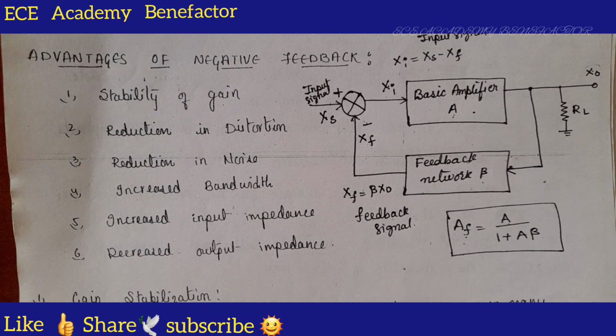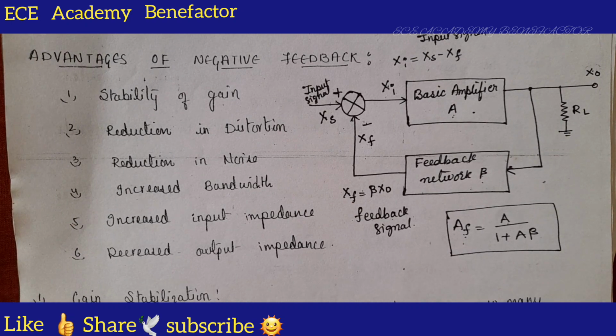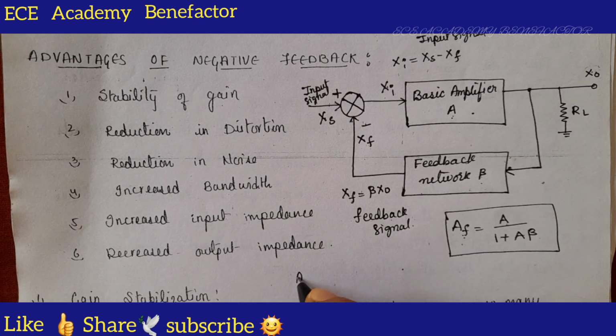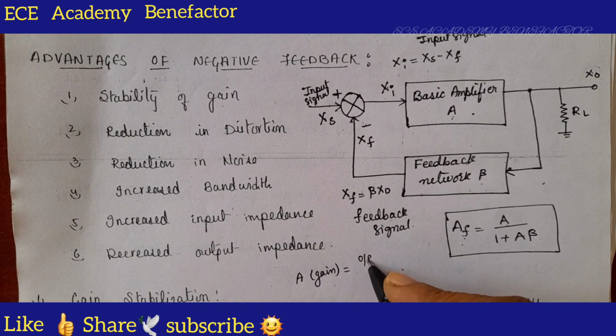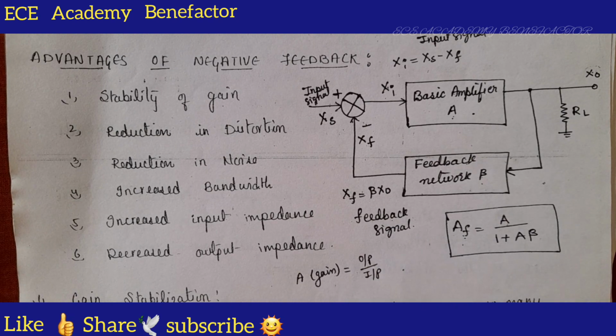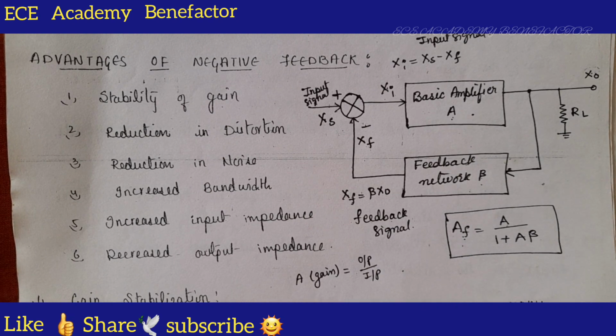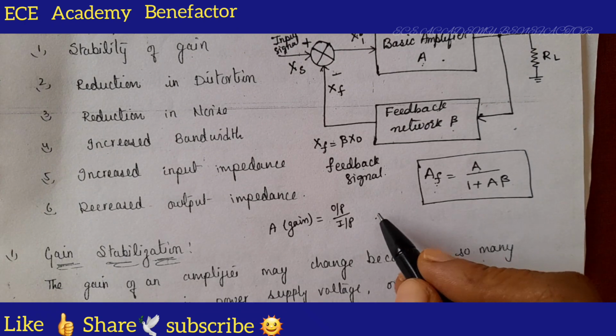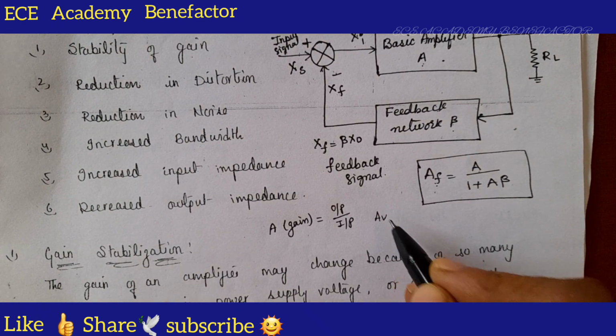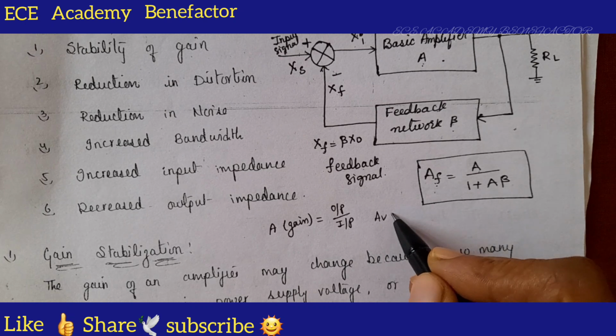What is gain? Gain is output by input. Gain is denoted by A. Okay. So, this gain can be of 4 types, that is voltage gain. What is voltage gain?